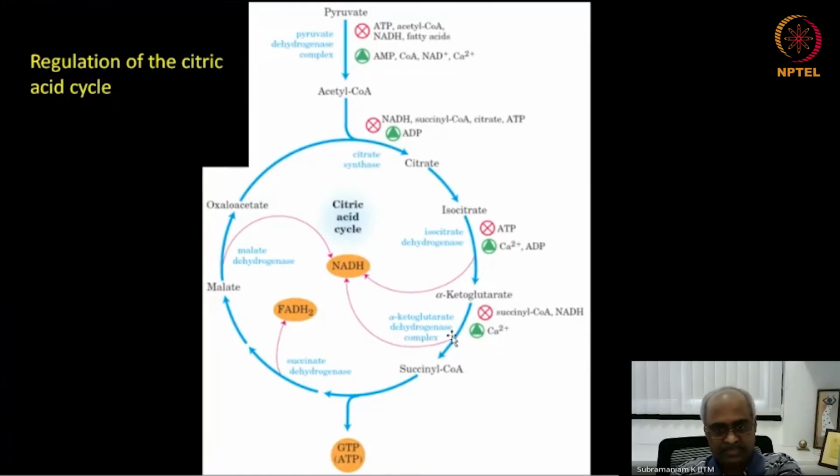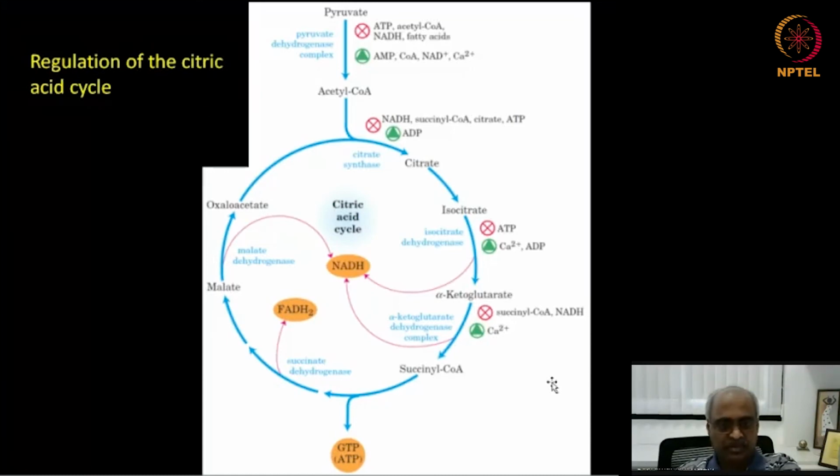So this is again subject to regulation by the products. So these are the 4 steps where you have allosteric positive activation by the substrates of the pathway, not that enzyme step itself, and negatively regulated by the products.